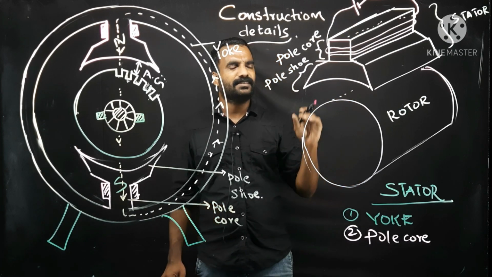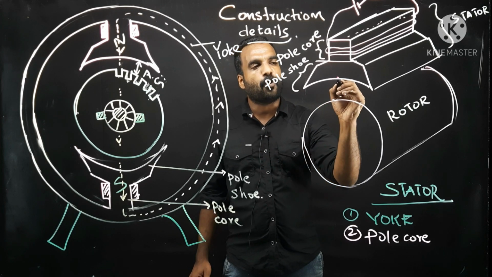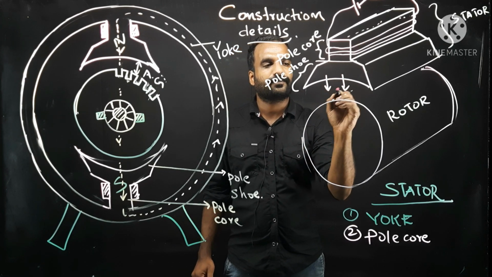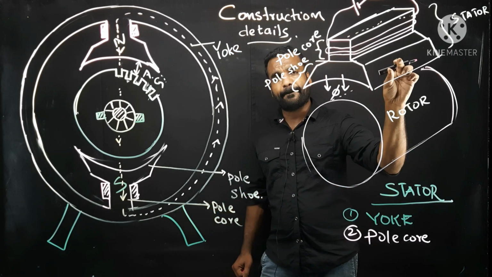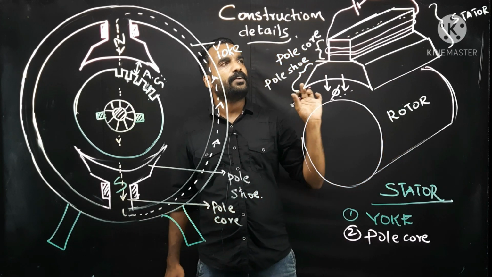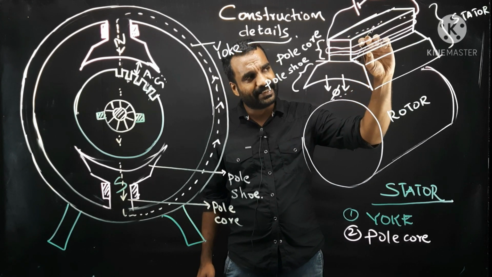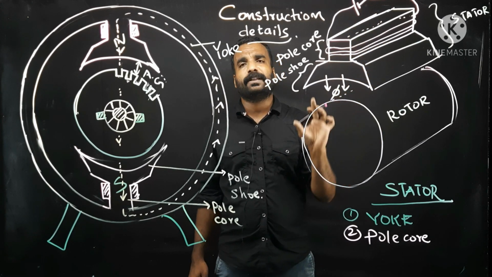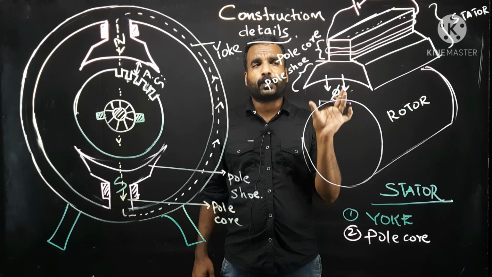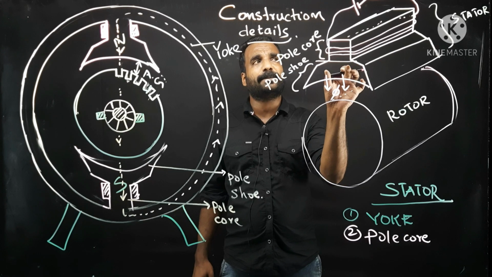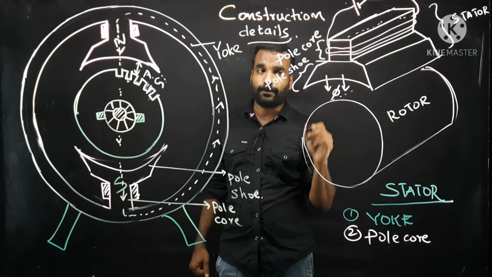A battery is not necessary, we just have to give a DC supply. Then only the pole will produce flux. This is a temporary magnet. Whenever you give the excitation source through the excitation winding, then only it will produce flux. So for producing flux in the magnetic pole, the excitation winding and excitation source are important.